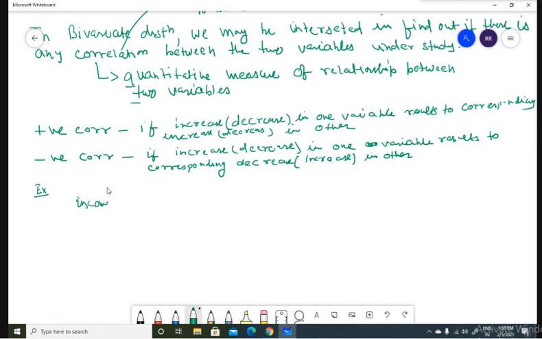Income and expenditure are positively correlated.